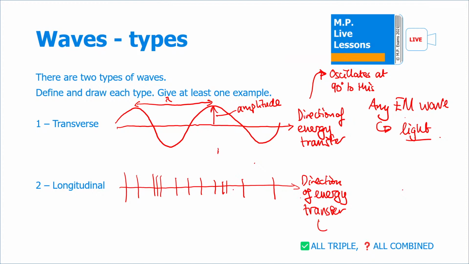However, they oscillate parallel to this. In other words, they go forwards and backwards, whereas transverse waves go side to side. A good example of a longitudinal wave is sound.